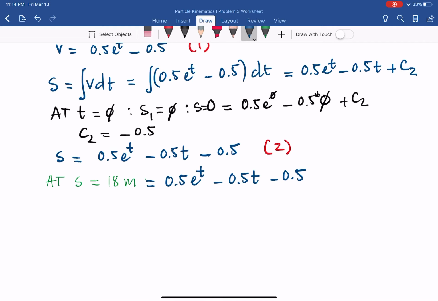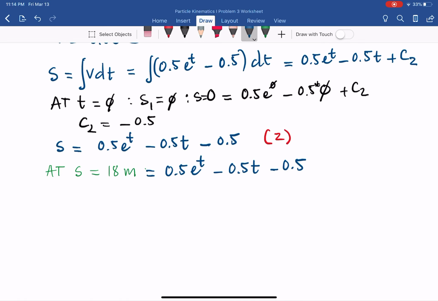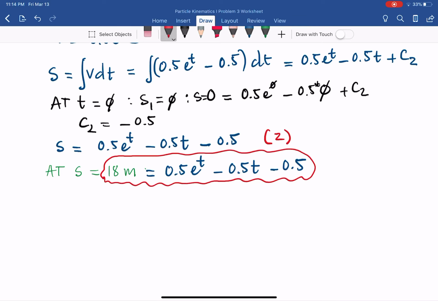But in Canvas, we have how to solve with your calculator. So I suggest you become familiar with one. In this case, the calculator will be the most efficient. So with that, I assume you can use your calculator to solve this equation.